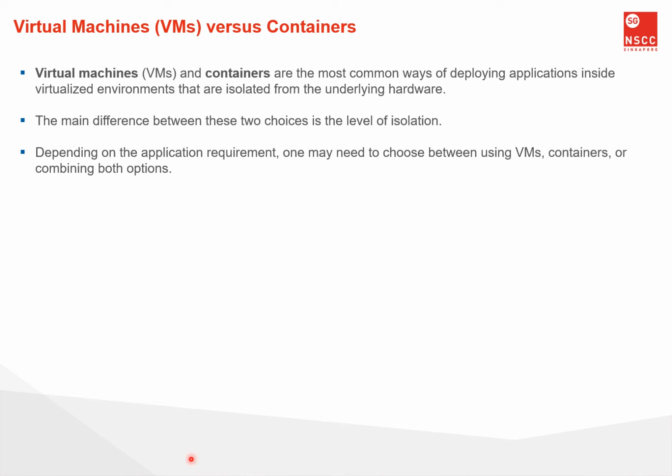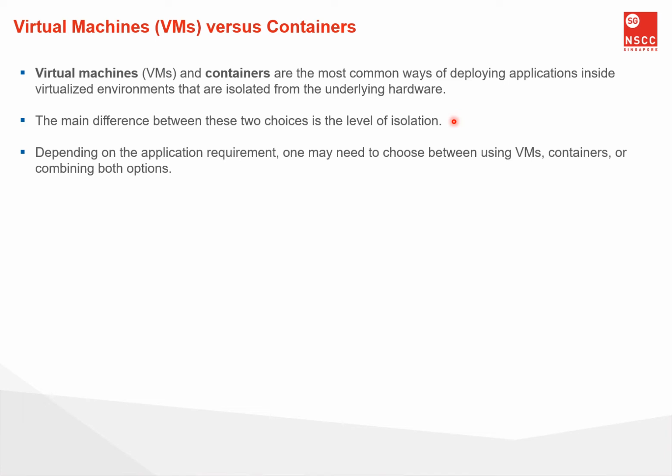When it comes to virtualization, there are actually two main methods of doing this. One called virtual machines, and the other called containers. Virtual machines and containers are the most common ways of deploying applications inside a virtualized environment that's isolated from the underlying hardware. The main difference between containers and virtual machines really is the level of abstraction, or the level to which we hide the underlying hardware from the application itself.